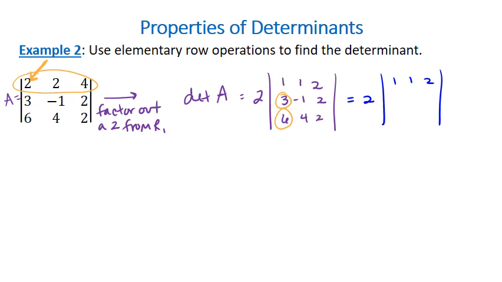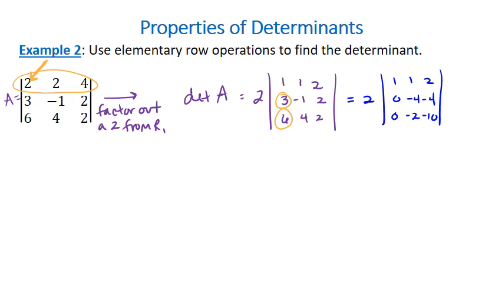To get row 2, I'm going to multiply row 1 by -3 and add it to row 2, giving me that. Same type of thing with row 3. In order to get the new row 3, I'm going to multiply row 1 by -6 in order to get a 0 here. And the other entries are as follows.